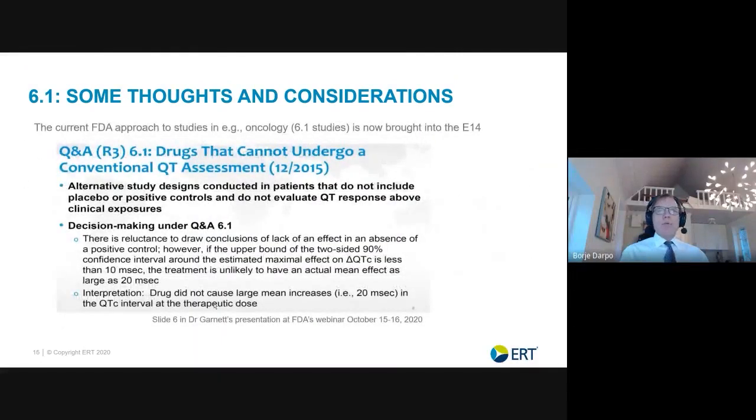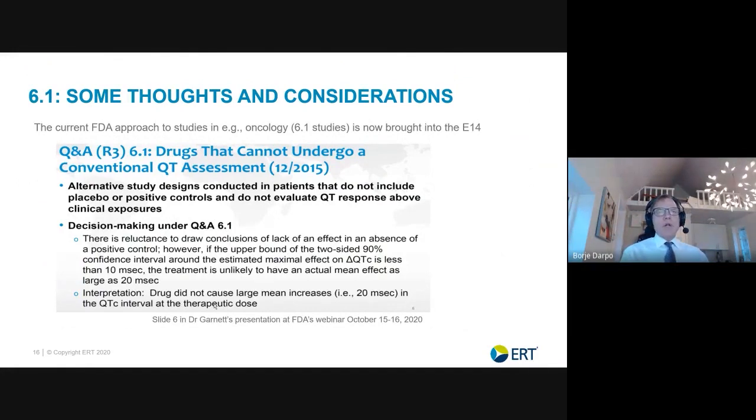The current FDA approach to studies in oncology is now brought into E14. So this is standard practice from FDA's perspective, and this is now brought into E14. So if you can demonstrate that your drug does not have an effect, defined as the upper bound of the 90% confidence interval being below 10 milliseconds, then the drug is unlikely to have an actual mean effect as large as 20 milliseconds.